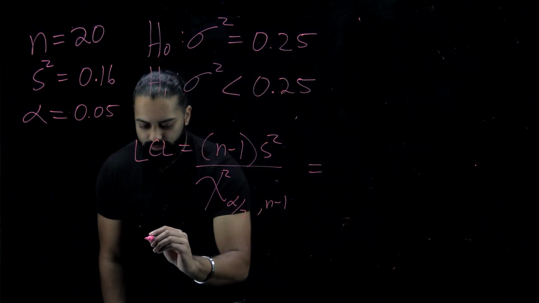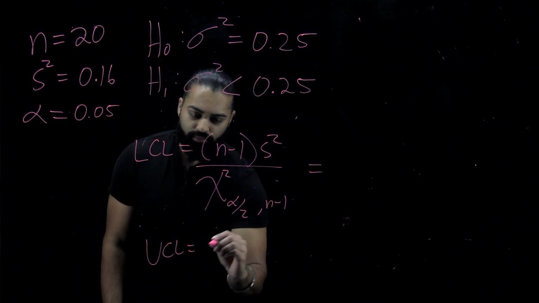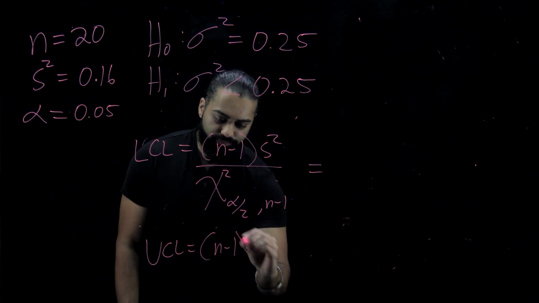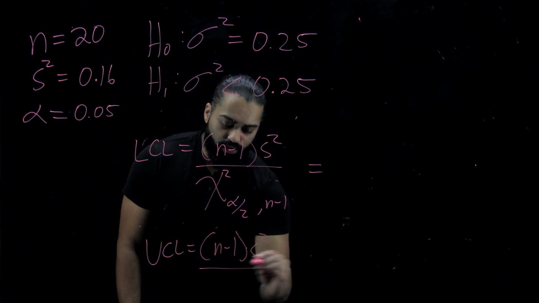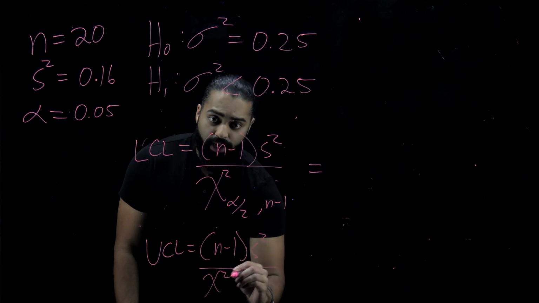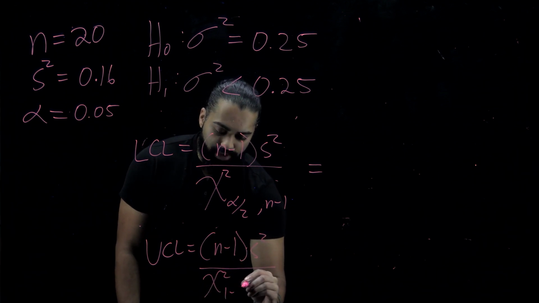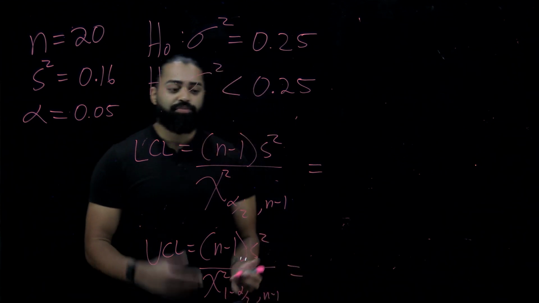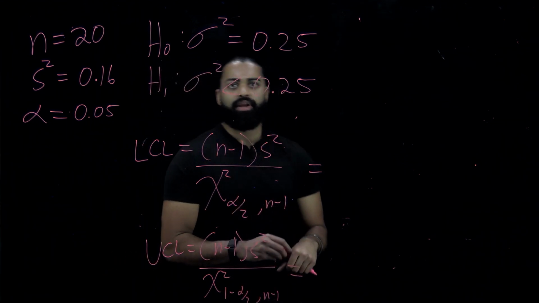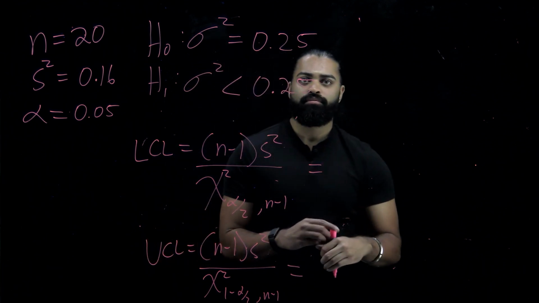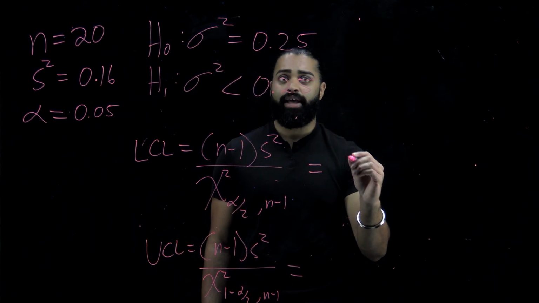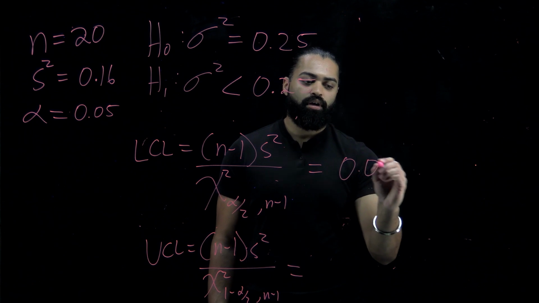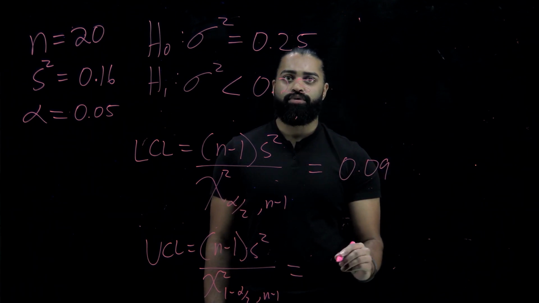And then our UCL is n minus 1 times s squared over the chi-squared 1 minus alpha divided by 2, comma n minus 1. So if I were to plug all these values in, what I'm going to end up getting is, for the LCL, 0.09, and for the UCL, 0.37.